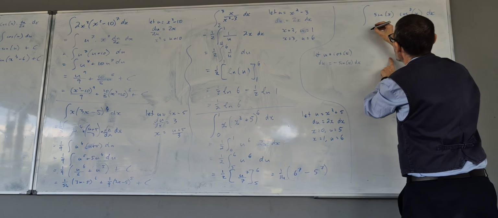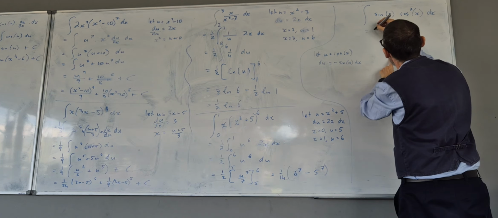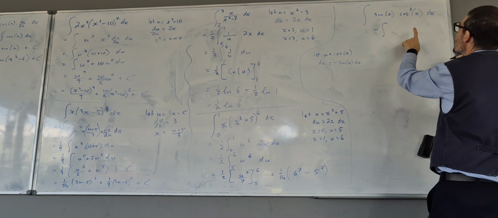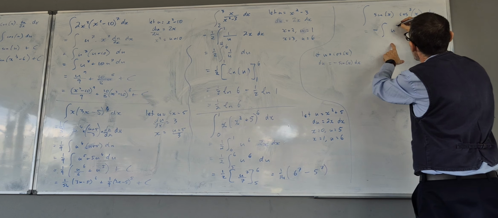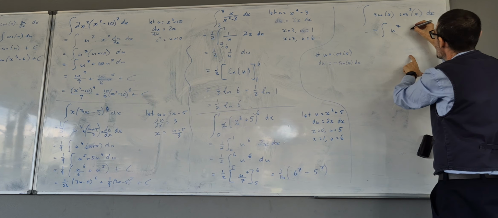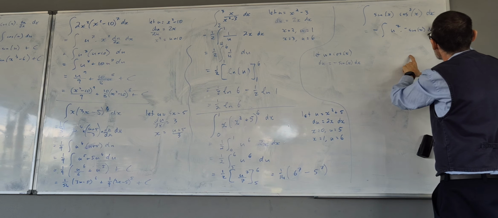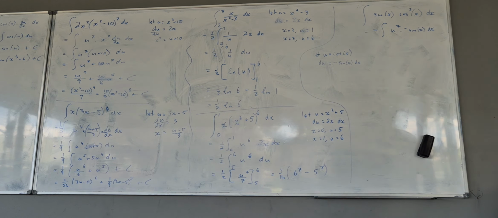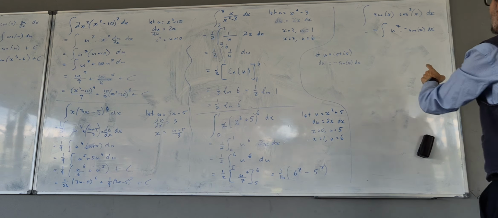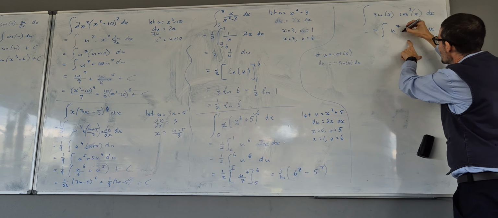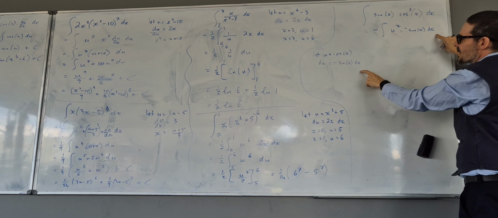because this is then u to the 7th, and its derivative is negative sine x dx. So this one is negative integral of u to the 7th times negative sine x dx. And to make sure that's clear, negative sine x dx is du.